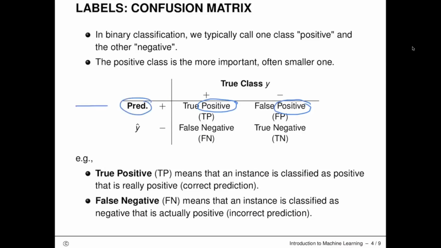So it goes in this direction here. And vice versa, we have the false negatives and the true negatives in the rows, which correspond to the negative predictions. And then false and true just means whether we have a correct prediction or a wrong prediction. So on the diagonal, we have the correct predictions, the true positives and true negatives.